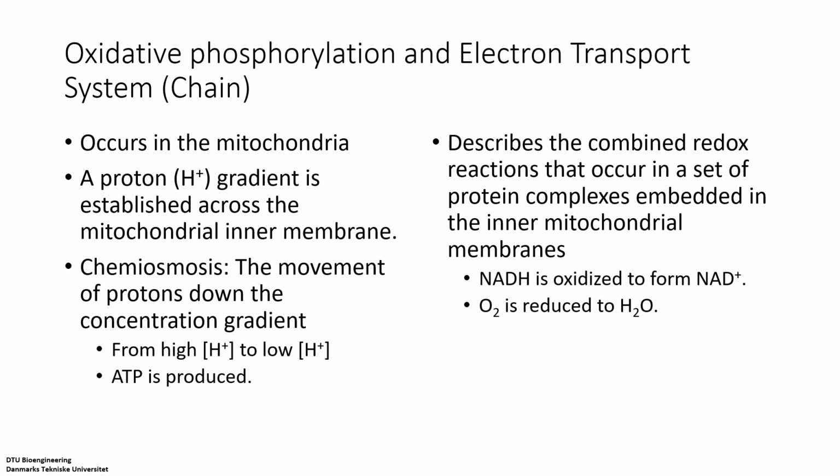And this is where O2 is reduced to water. So this is the first time that we actually utilize the oxygen that otherwise has not been present anywhere in the general metabolism.